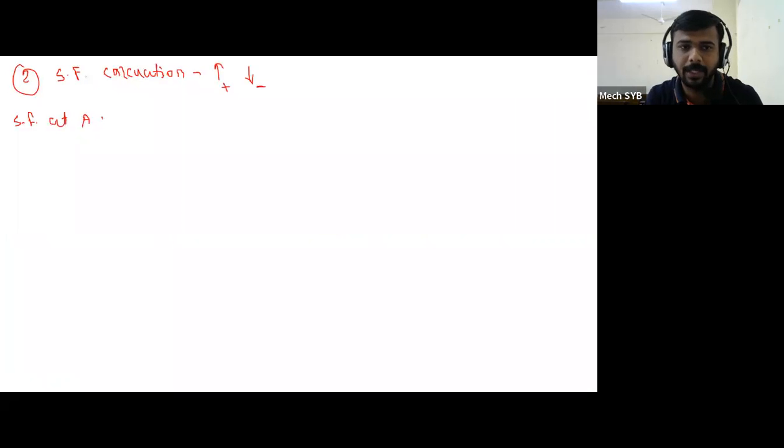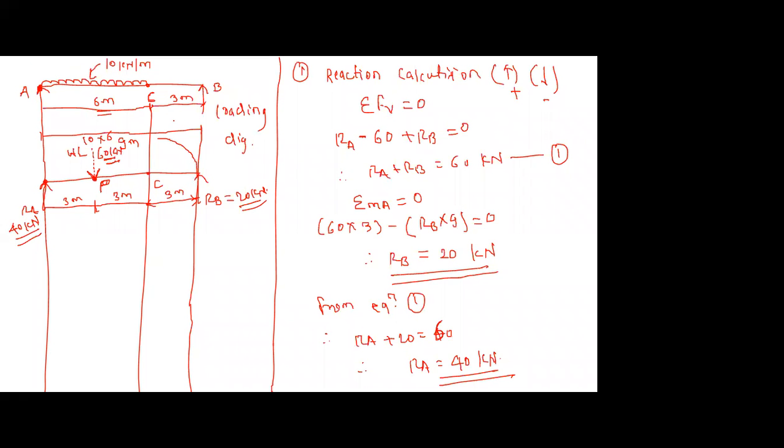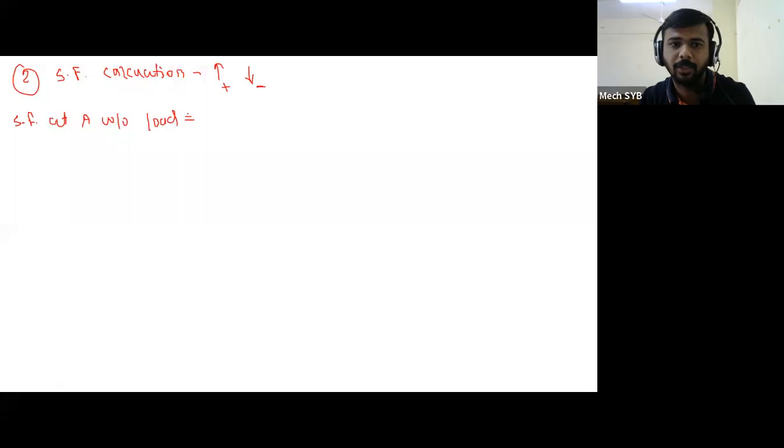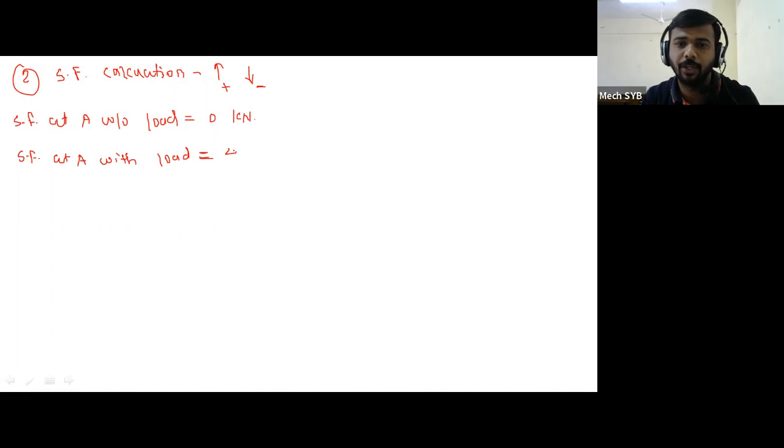So SF at point A without load. What is the value without load? 0, because on its left side no point is present, so there is no load. So SF at point A without load is equal to 0 kilonewton. SF at A with load, what is the value? 40 kilonewton, and this reaction is moving in upward direction, therefore it is positive, 40 kilonewton.